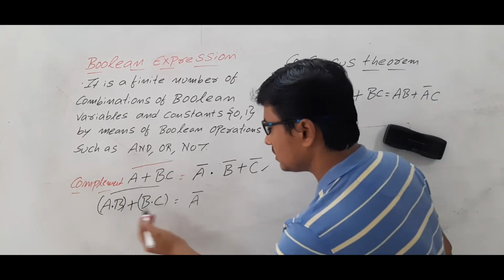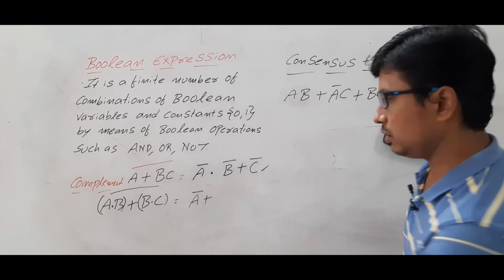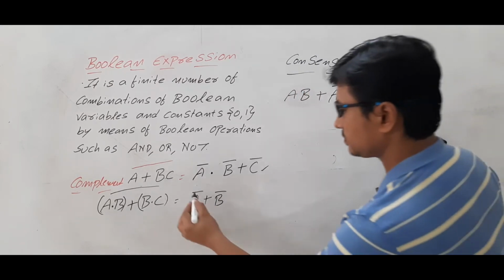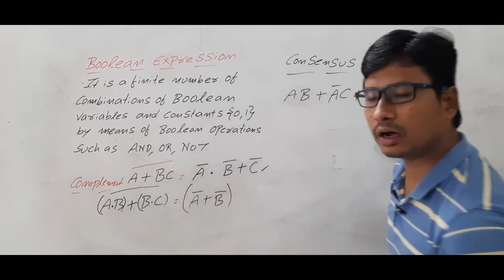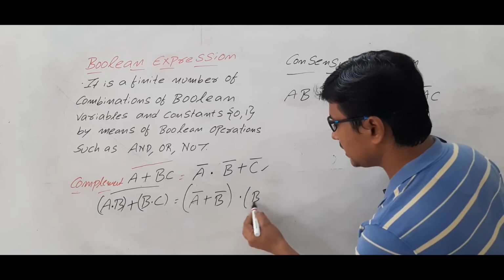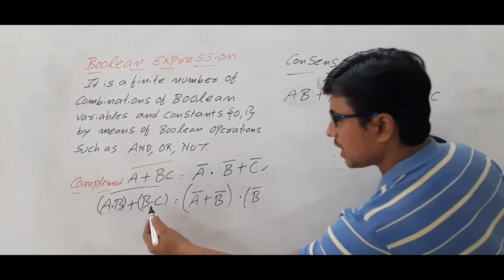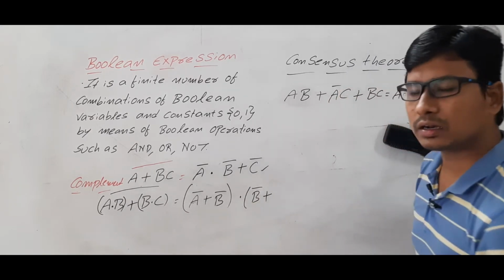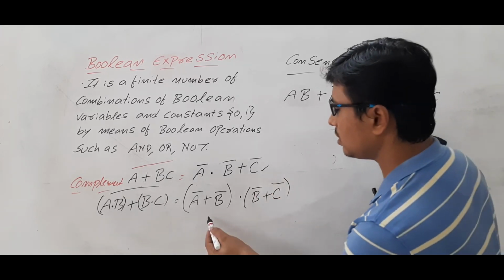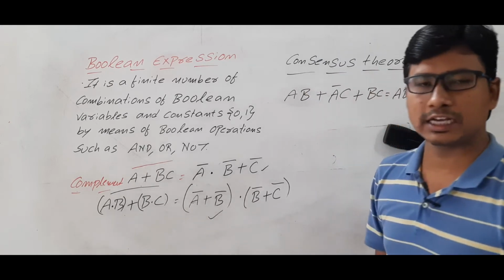You have an AND, you make it OR. You have a B, make it B's complement. Done. Then you have an OR, you make it AND, and you have a B, you make it B's complement. You have an AND, you make it OR, and you have a C, you make it C's complement. So this is the complement of the given expression.